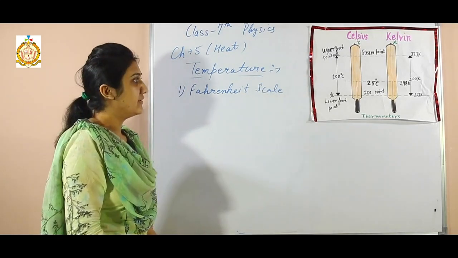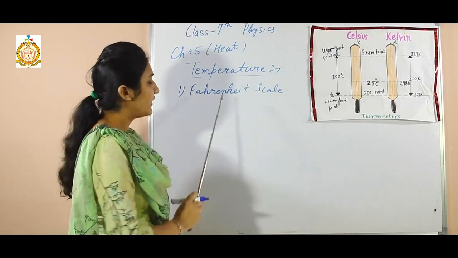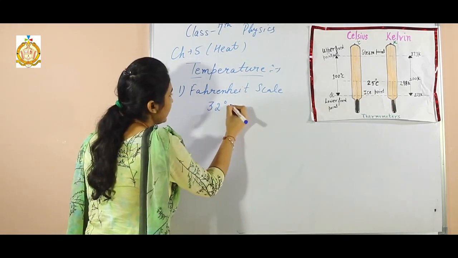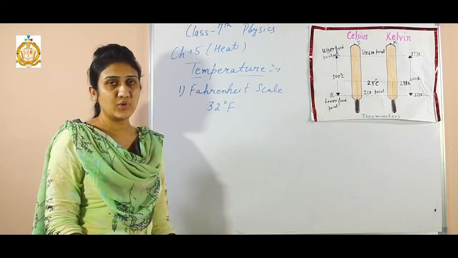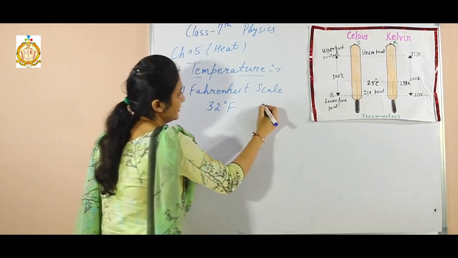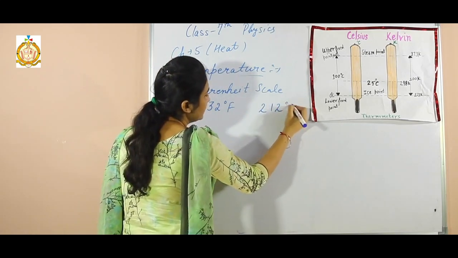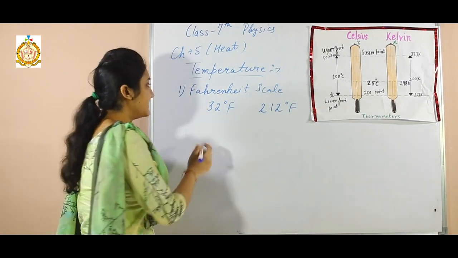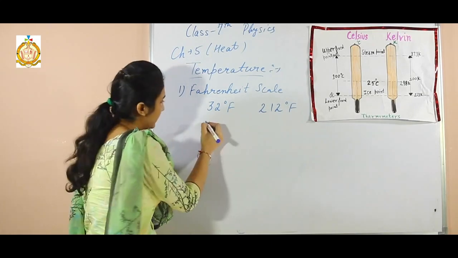The freezing point, ice point for the Fahrenheit scale is 32 degree Fahrenheit, and the boiling point is 212 degree Fahrenheit, and there are 180 divisions on the Fahrenheit scale.